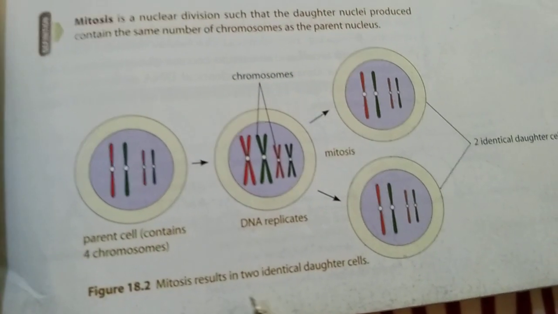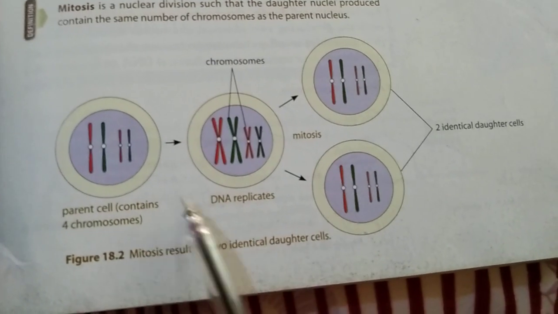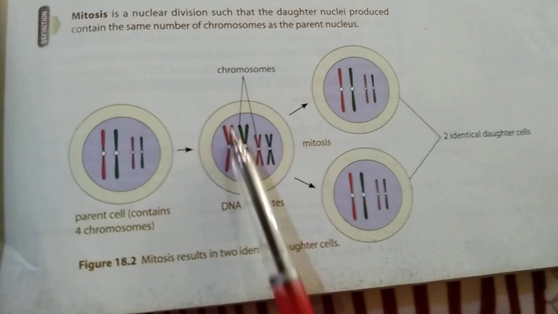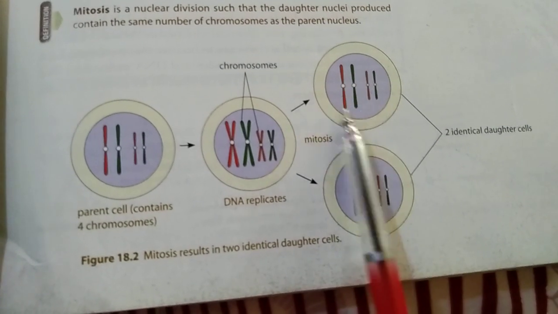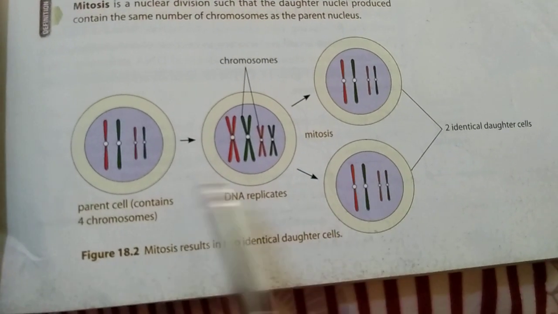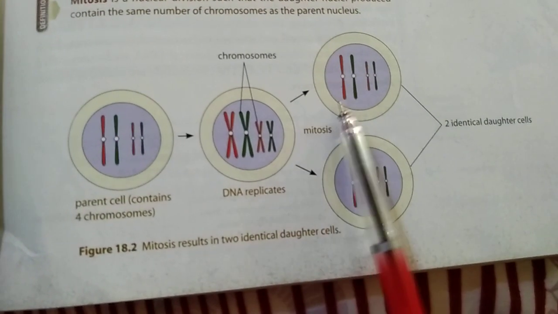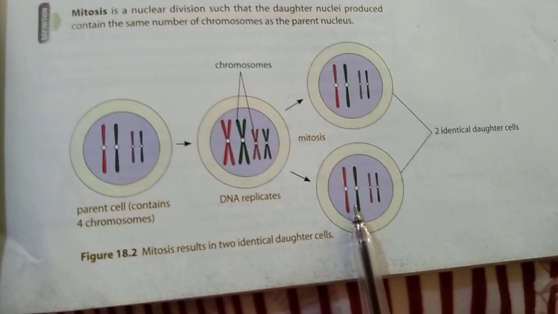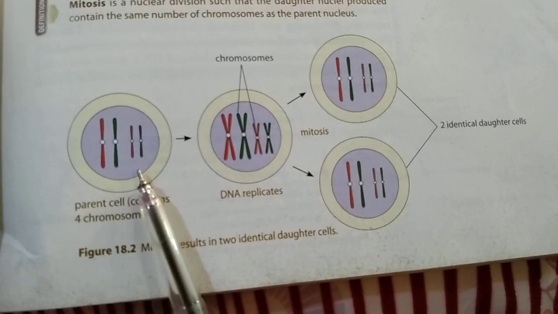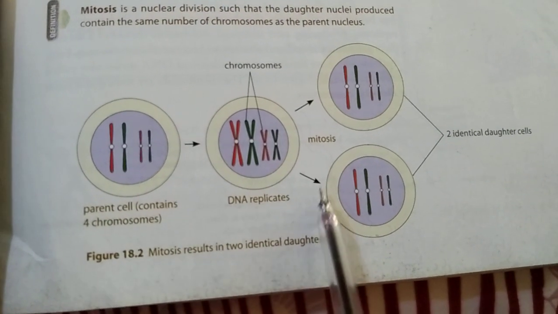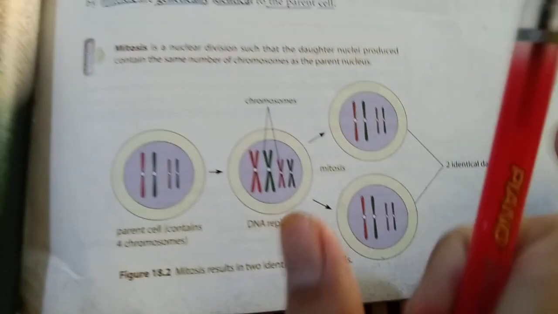Mitosis results in two identical daughter cells. Look at this diagram and understand the process of mitosis. The parent cell's DNA replicates and generates two identical daughter cells like the parent, which has 4 chromosomes.